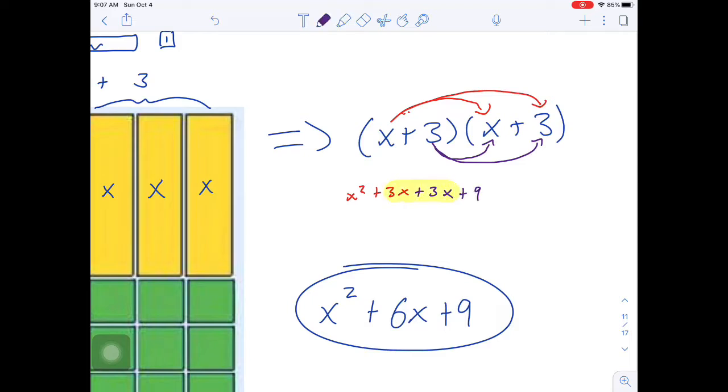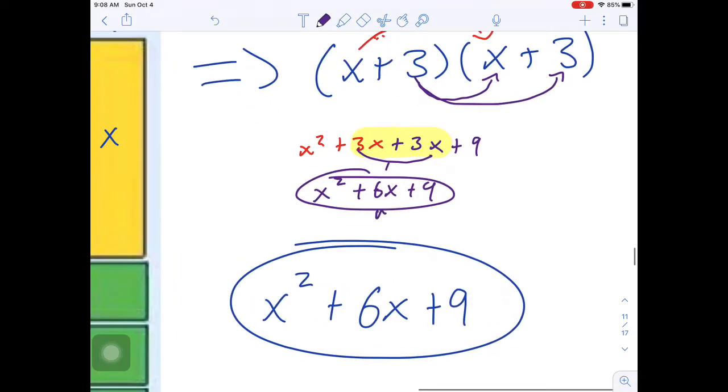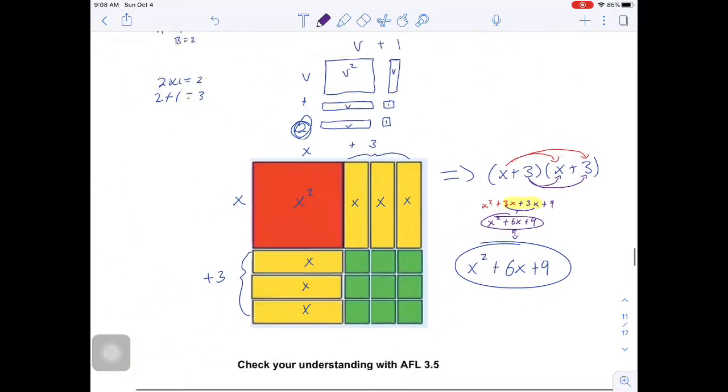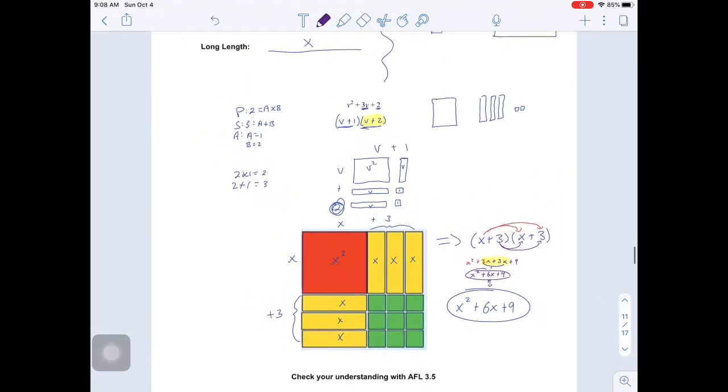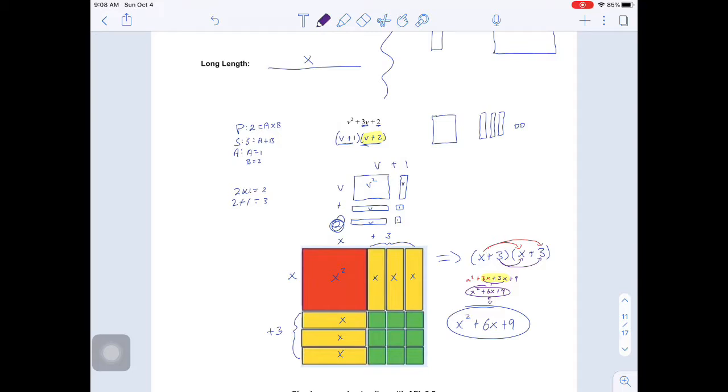Both of these values have x's, so I get x squared plus 6x plus 9. So here you can see that algebra tiles can be very, very useful. There will be a few questions that talk about algebra tiles. Just recognize it is a tool to understand what factoring looks like visually for a trinomial.